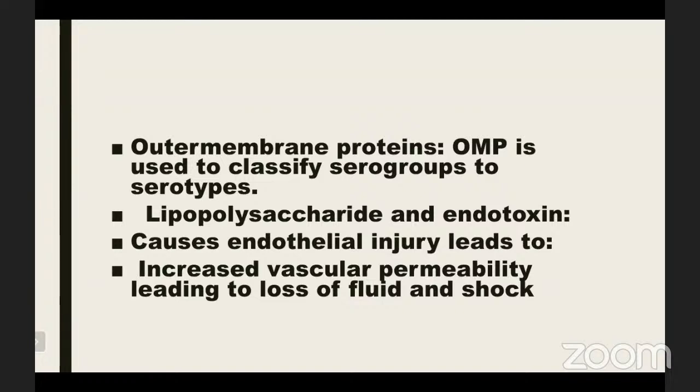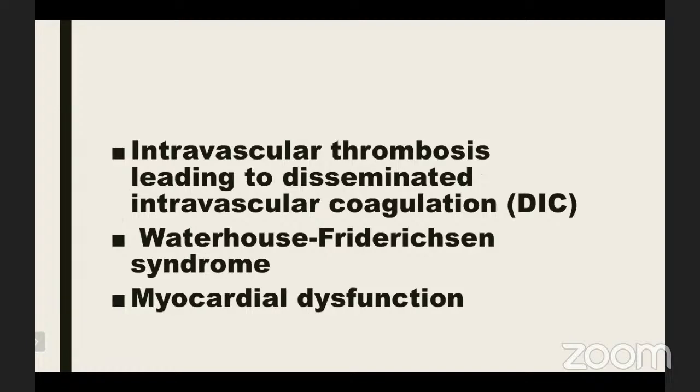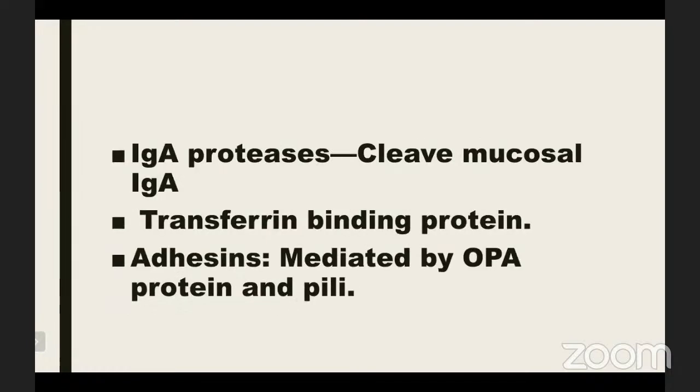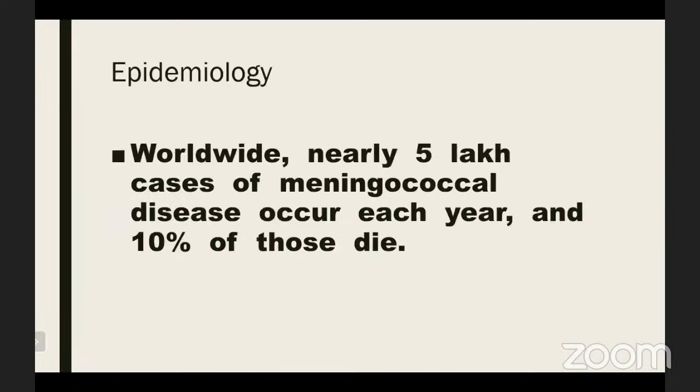Next one is intravascular thrombosis that leads to disseminated intravascular coagulation, Waterhouse-Friderichsen syndrome, and myocardial dysfunction. Immunoglobulin A protease will cleave mucosal immunoglobulin A. Transferrin binding protein. Adhesin is mediated by colony opacity associated protein and pili.